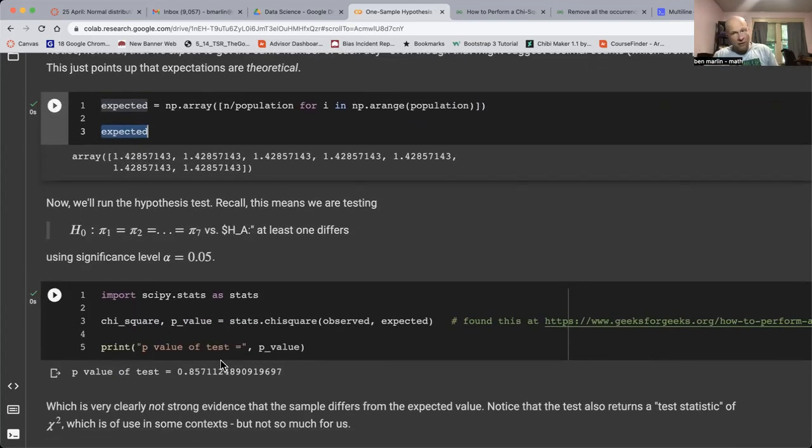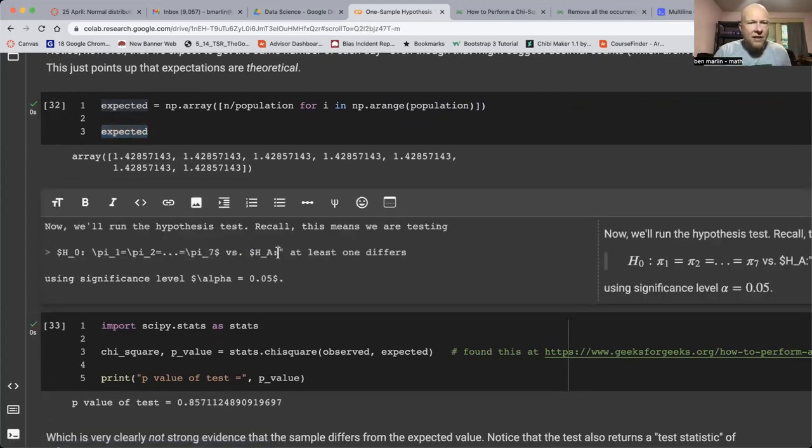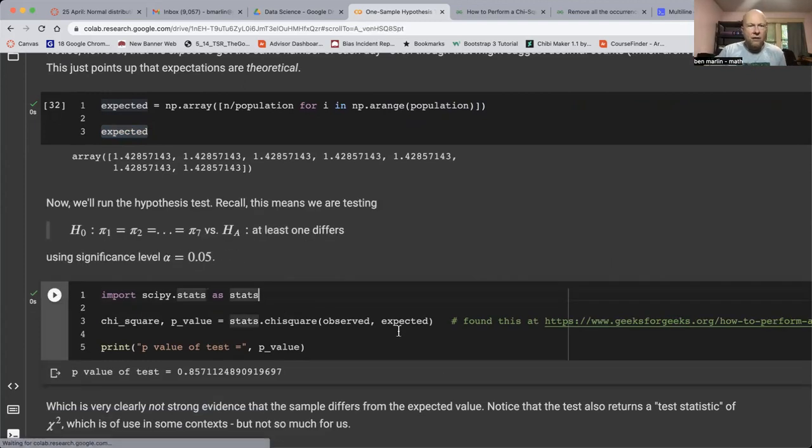And then the hypothesis test. Remember, the hypotheses are pi1 equals pi2 equals pi3 equals up to pi7, they're all equal, versus, oh, that was supposed to print better. Sorry, I am a little bit of a weenie about these things. I want it to look right. Okay, versus the alternative that one of them is different.